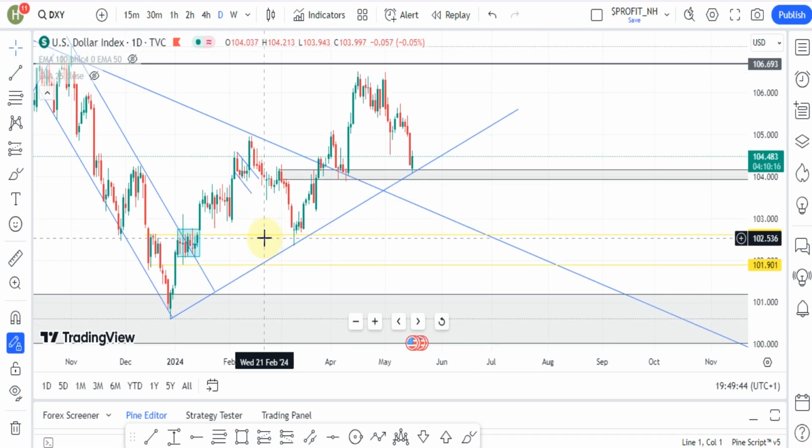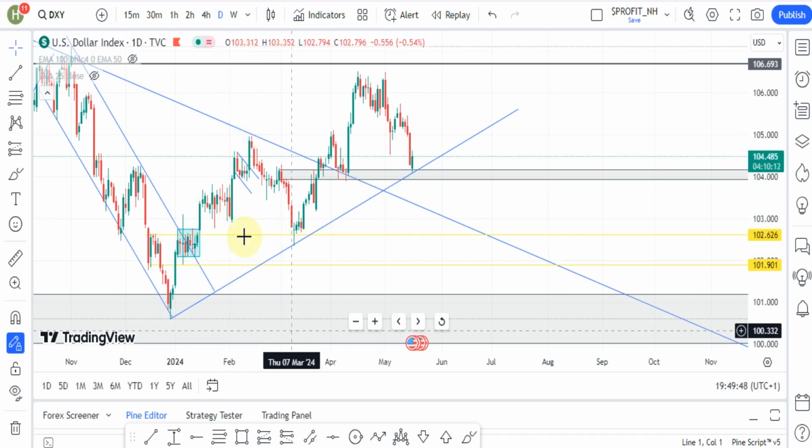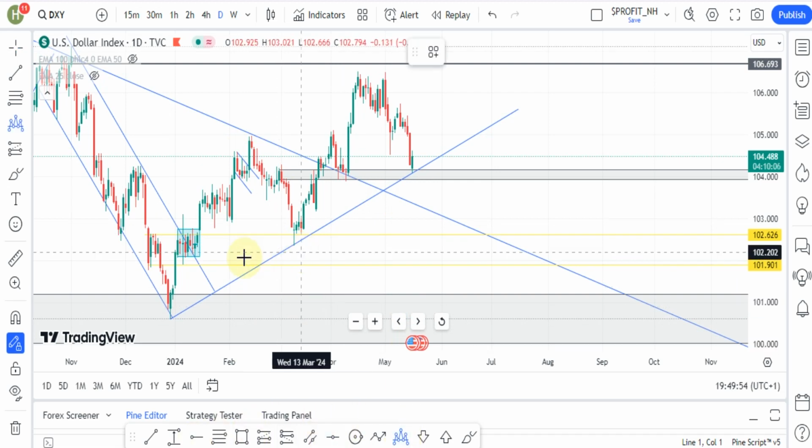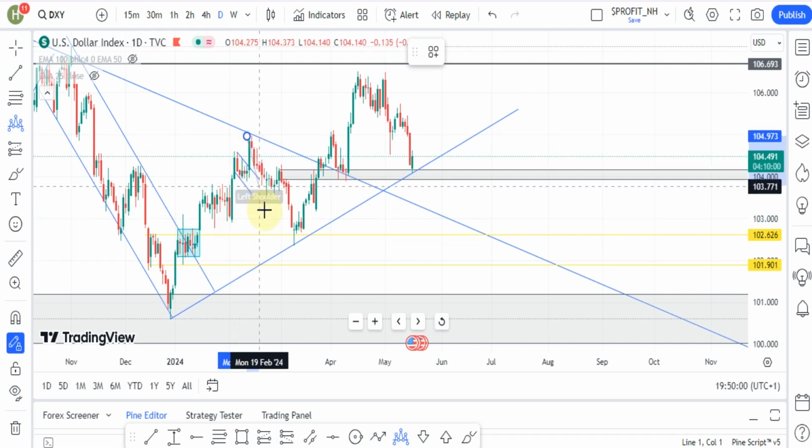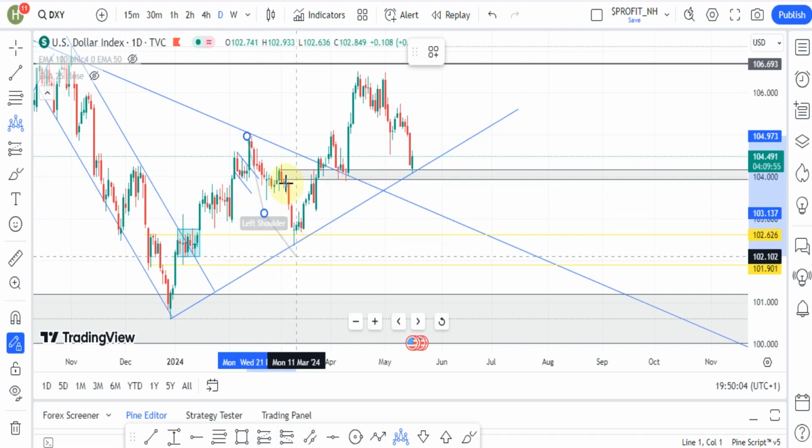Then apart from that, this market was giving us something like an inverse head and shoulder, which is another confluence that we normally look at when trading.